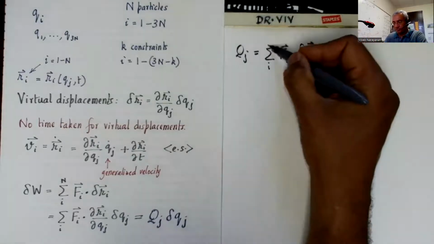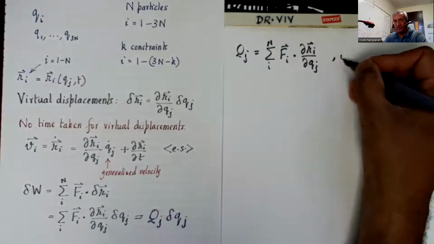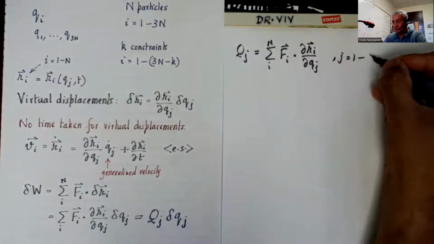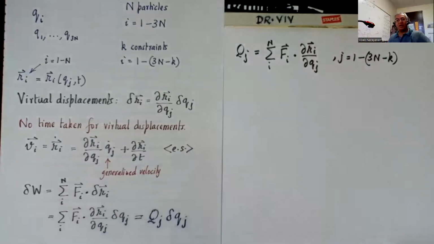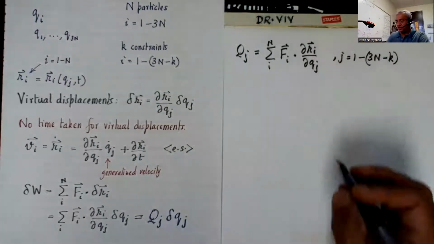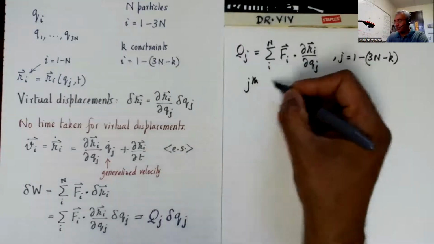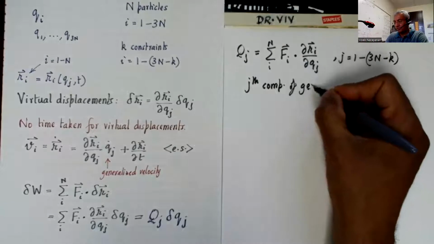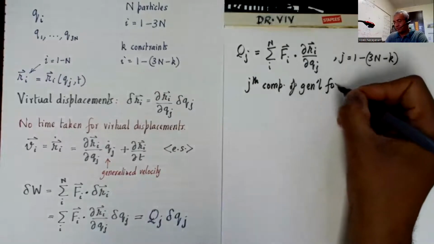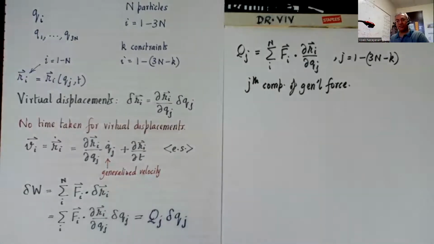Let me just be explicit about the summation sign, and j goes from 1 to 3n minus k, assuming the constraint case. So this is the jth component of the generalized force. As you can see, there are many components of the generalized force.